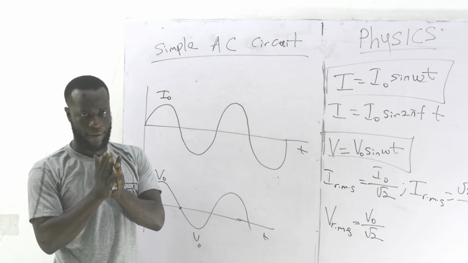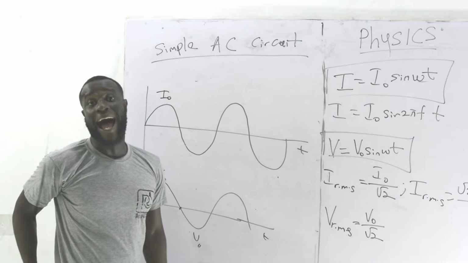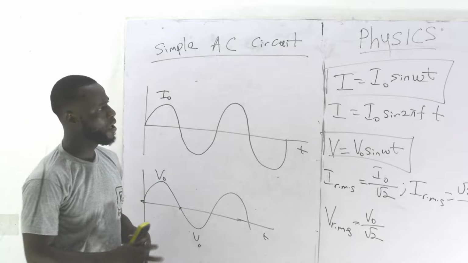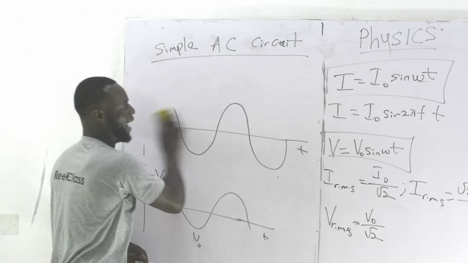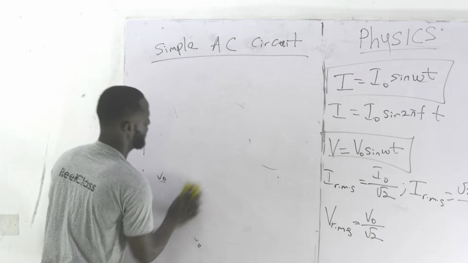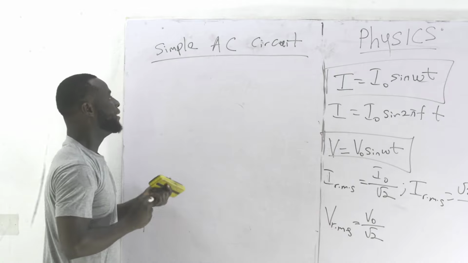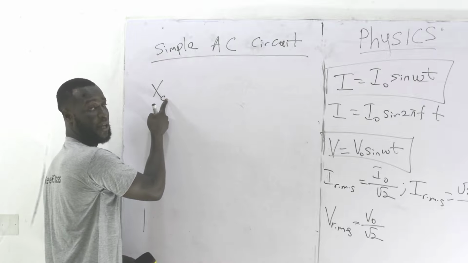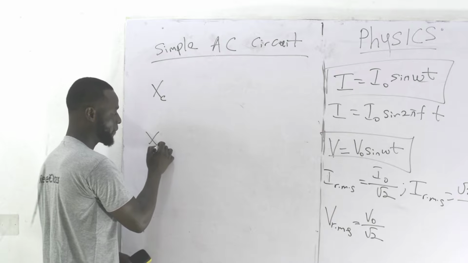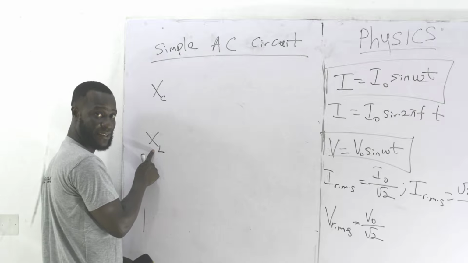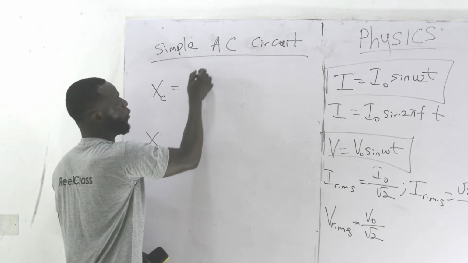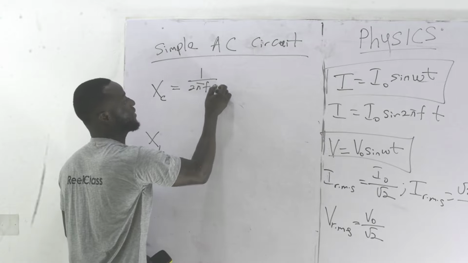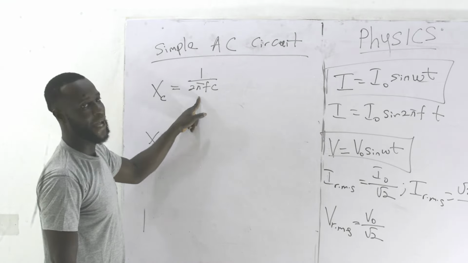Now, how do we express capacitive reactance and inductive reactance mathematically? We can say that capacitive reactance is XC and inductive reactance is XL. XC is given by 1/2 pi FC.